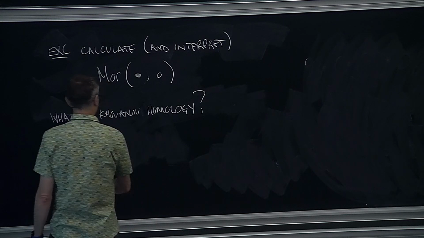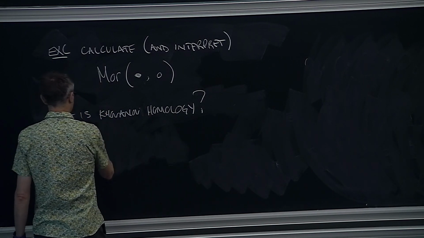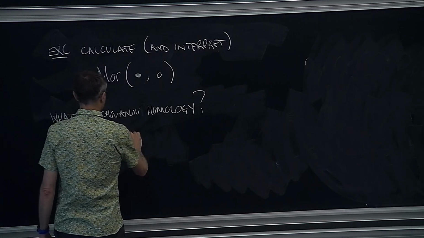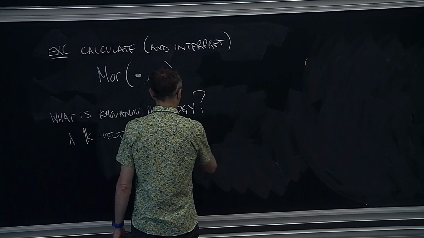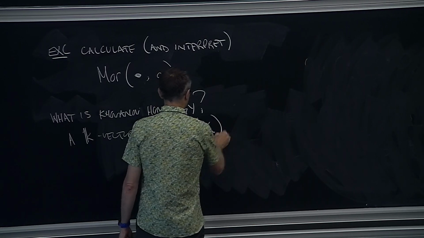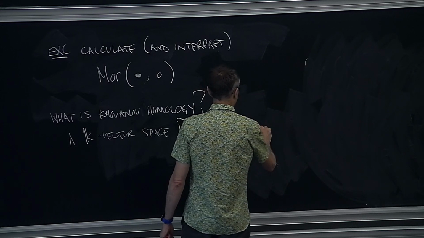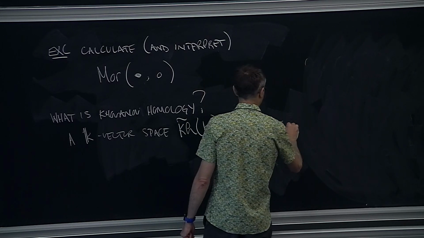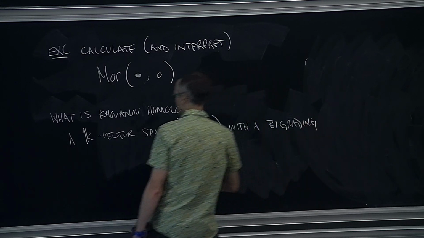So Khovanov homology is a K-vector space, KH twiddle assigned to a knot K, with a bigrading.